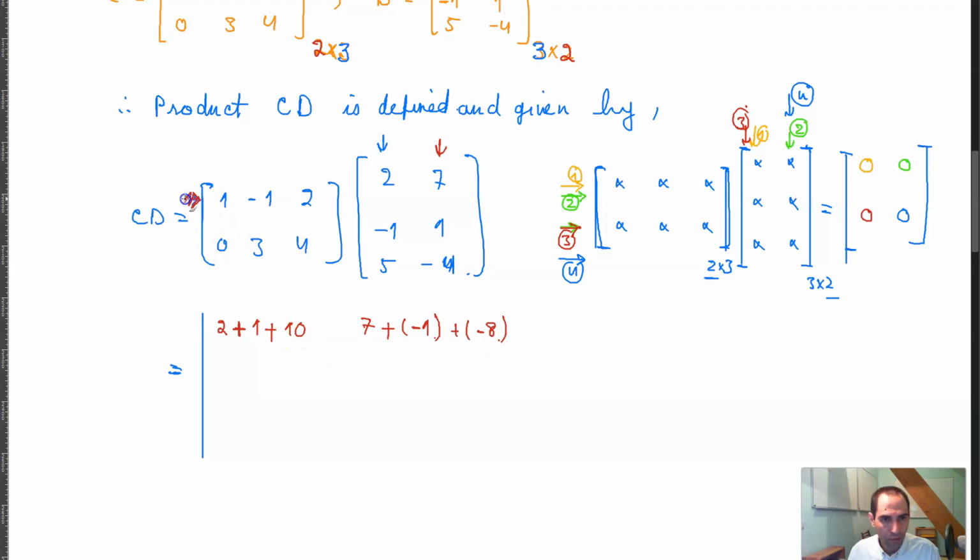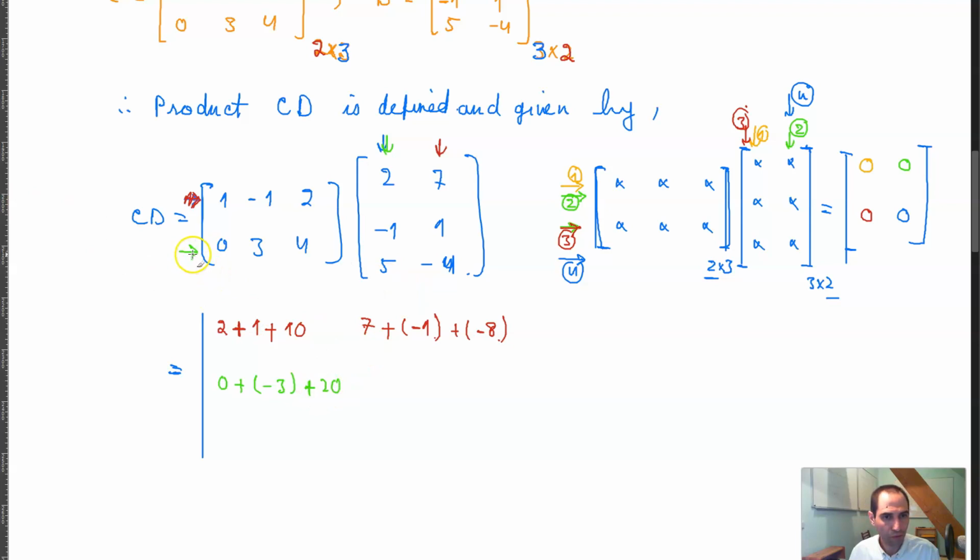Now this row is over, so I have to move to this row. And so I start from this row and this column. 0 times 2 is equal to 0. 3 times -1 is equal to -3. And 4 times 5 is equal to 20.